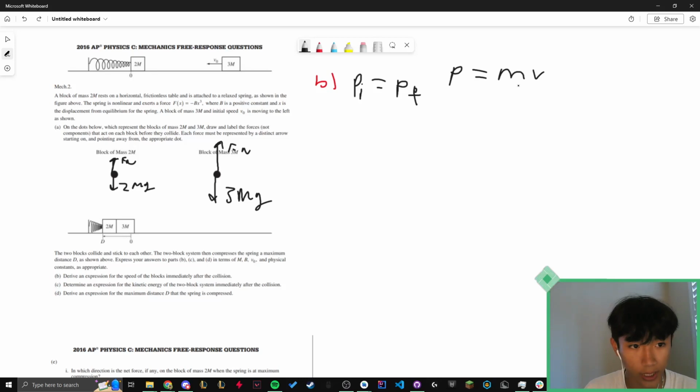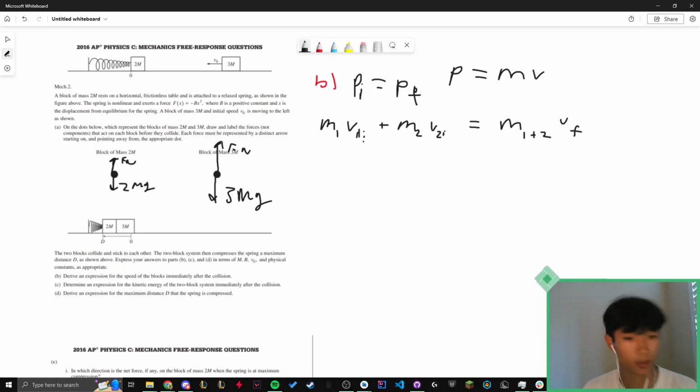So if we take our initial momentum, which is just going to be m1 v initial 1, plus m2 v2 initial, is equal to the total masses of 1 plus 2 times v final. So we're just going to plug everything in. As we know, this is at rest.